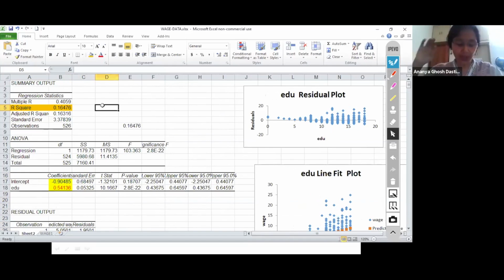To understand what the R squared is, let me go back to what it is that we are trying to do when we are running a regression model. We are basically trying to understand to what extent the variation in wages can be explained by variation in years of education.